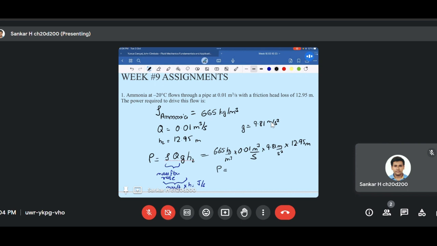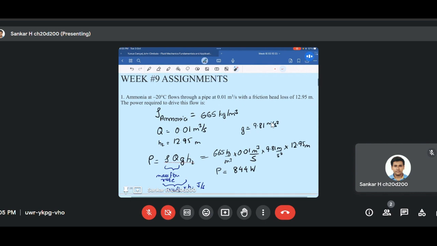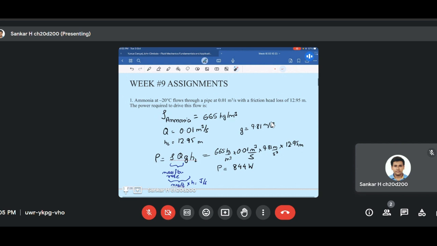Therefore, the power required to drive the flow comes out, after calculation, to around 844 watts, which does not match the answer given on the SWAYAM website, but I'm curious to know if anyone else has a different solution. If you do have another solution, please feel free to let me know in the comment section. I'll just wait a second for you to catch up, and then we'll move on to the next question.